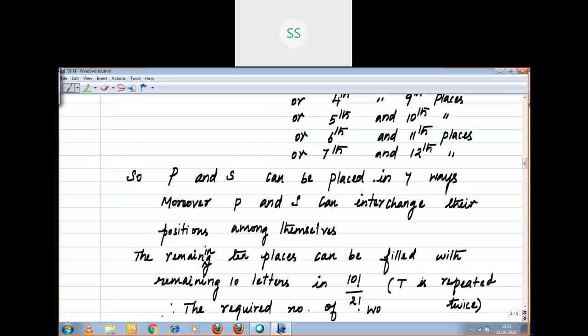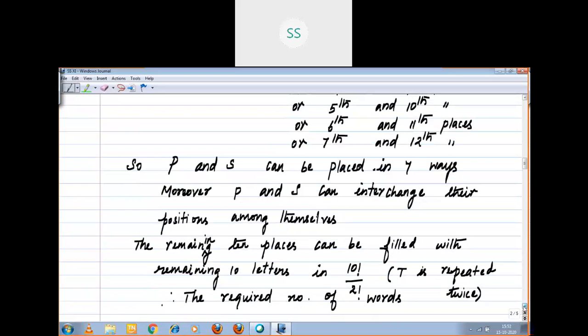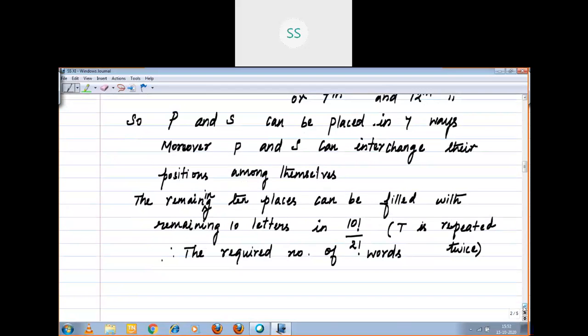Therefore, the required number of words equal to 2 into 7.